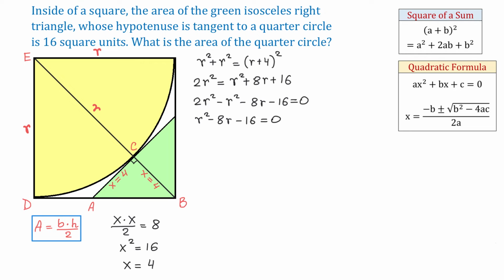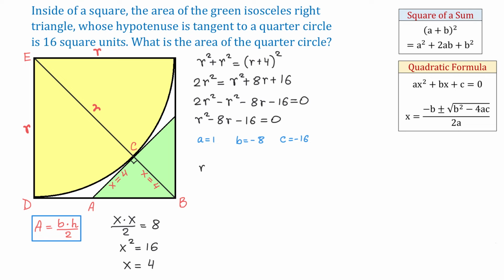Now from here we will use the quadratic formula. If we have an equation of the form ax squared plus bx plus c equals 0, then the quadratic formula is x equals negative b plus or minus square root of b squared minus 4ac all over 2a. In our equation, a is 1, b is negative 8, and c is negative 16.